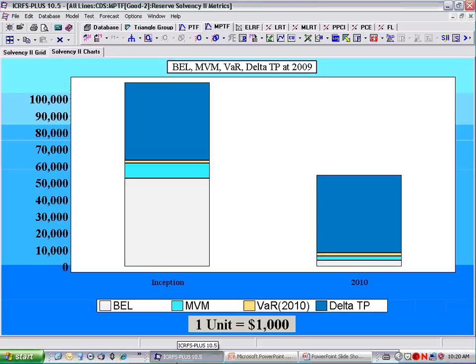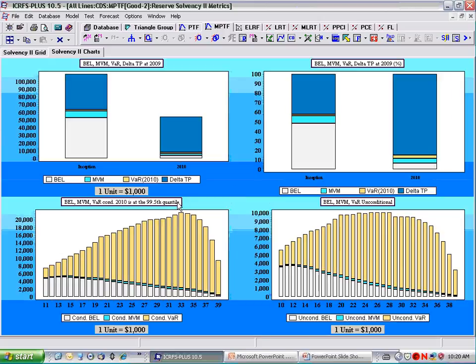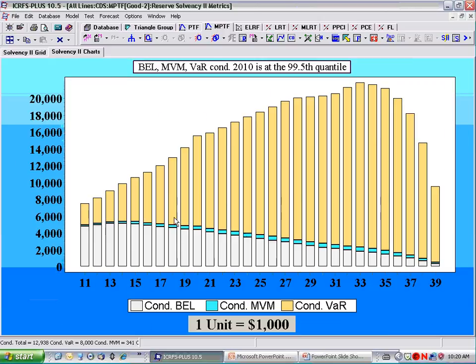And that's because of huge correlations. So if you now look, these are just percentages there. If the first year is in distress, the conditional VARs are very large. Okay, the conditional VARs are very large.